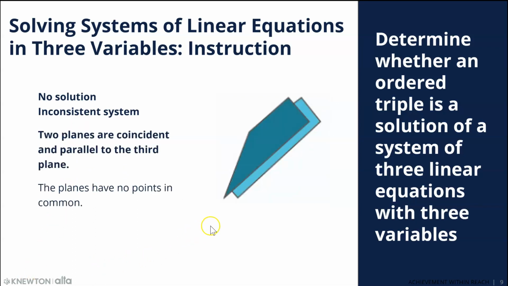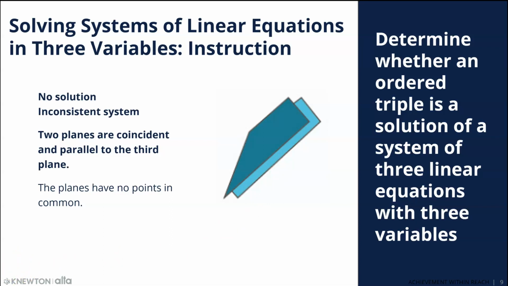Now, it is also called an inconsistent system in the case wherein two planes are coincident and parallel to the third plane. In this case, the planes still have no points in common, and still we have no solution for the system of linear equations in three variables.